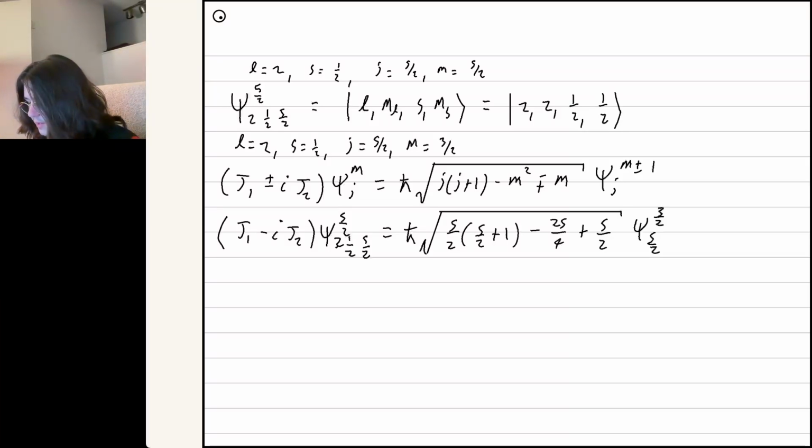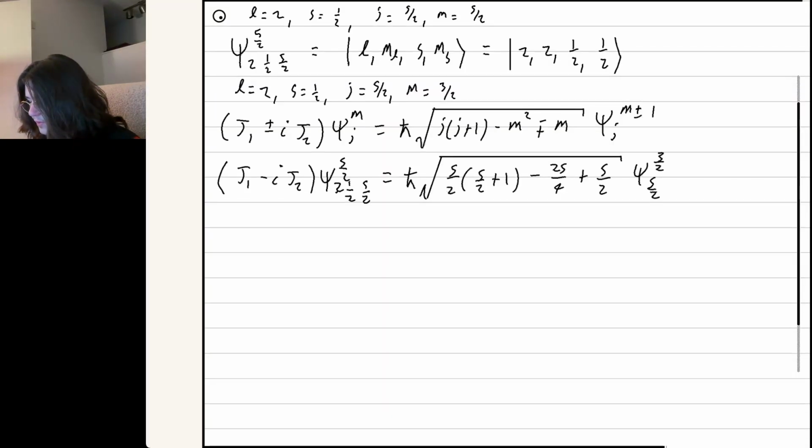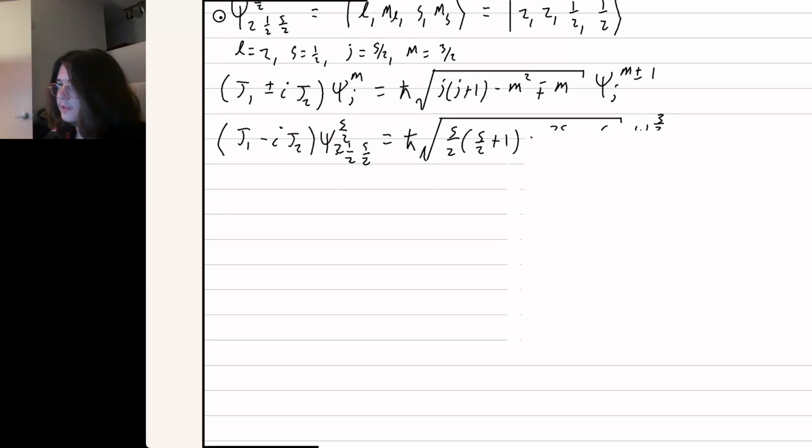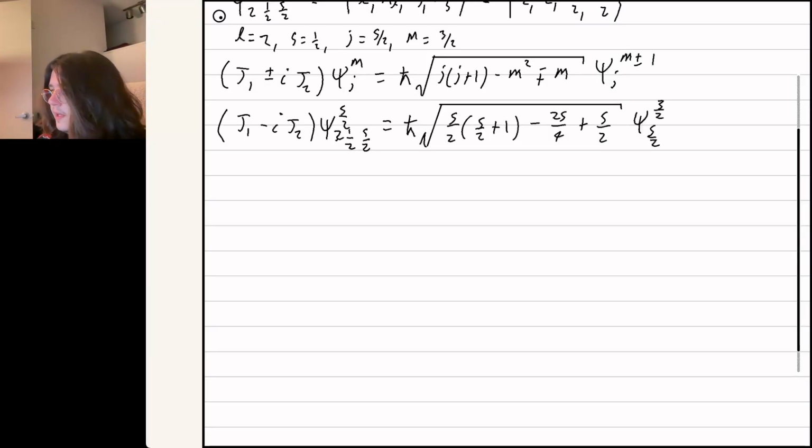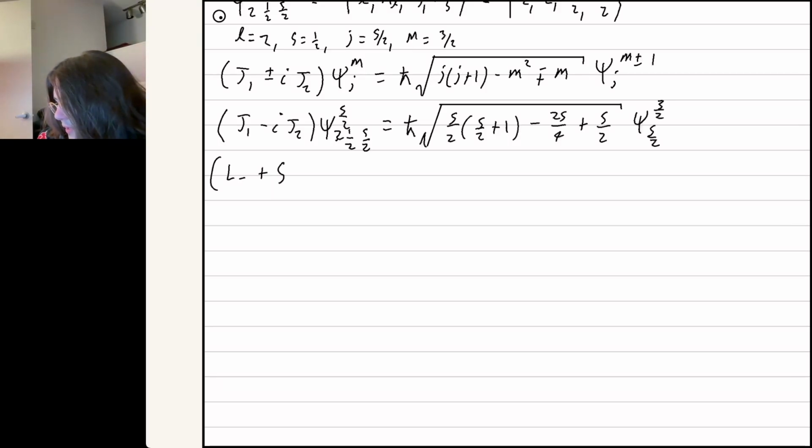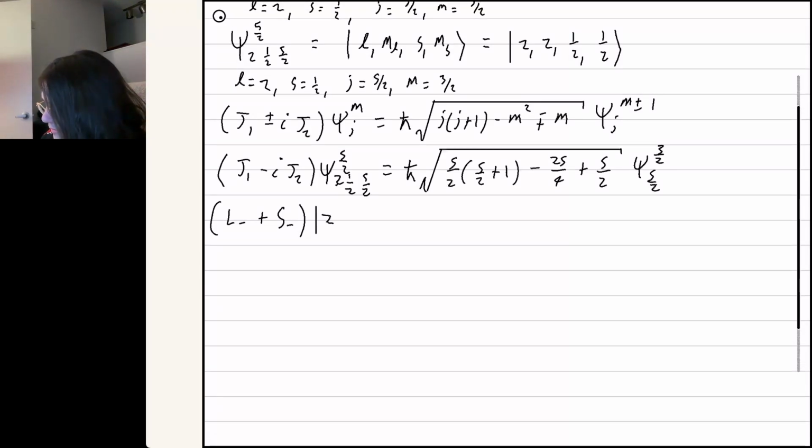When you subtract the ladder operators like that, what you end up with is L minus and S minus, the L and S ladder operators, respectively, where we're now just operating on the state. We've already proved that that state has the state vector 2, 2, 1/2, 1/2.